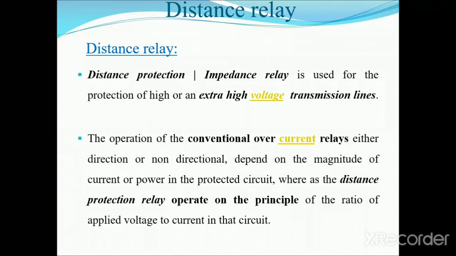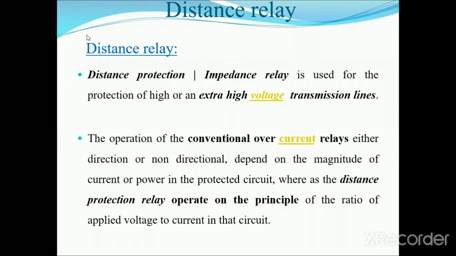The operation of such relays depends upon the predetermined value of voltage and current. Distance relay is also called the impedance relay. Impedance is the ratio of voltage to current.